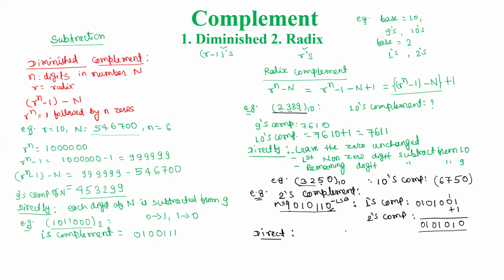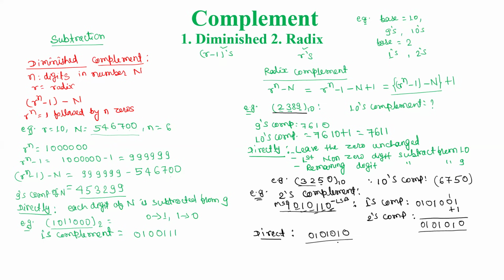So on the LSB side, what do we have? 0. So keep 0 as it is. Again we have 1. This is the first non-zero digit, so it is also the same. After that, this 1 will be changed to 0, then this 0 is changed to 1, again this 1 is changed to 0, this 0 is changed to 1, and 1 is changed to 0. So you see that both values are the same as when we found the 2's complement using 1's complement.